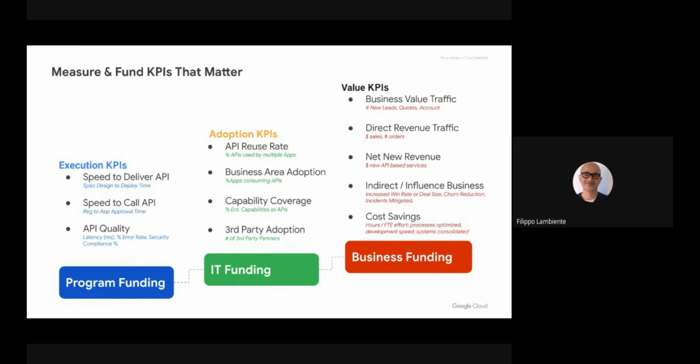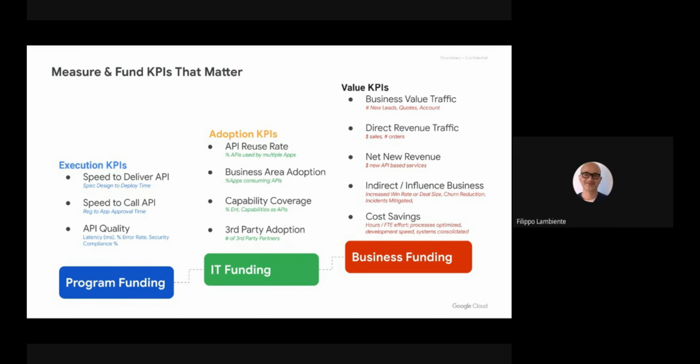The cost saving, for example, in terms of effort to simplify not only the development speed, but also the usability, and how you can distribute it, because it's a digital product, how you can distribute it to your consumer, to your customer.